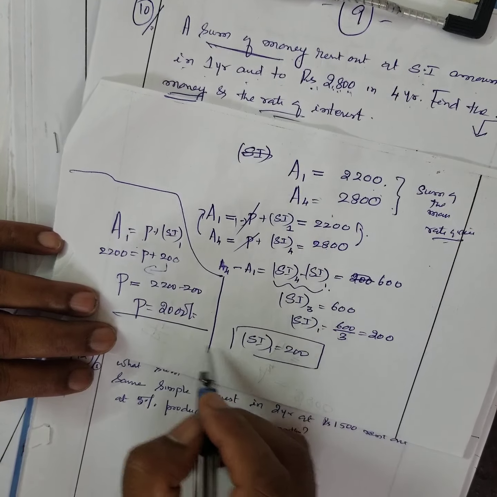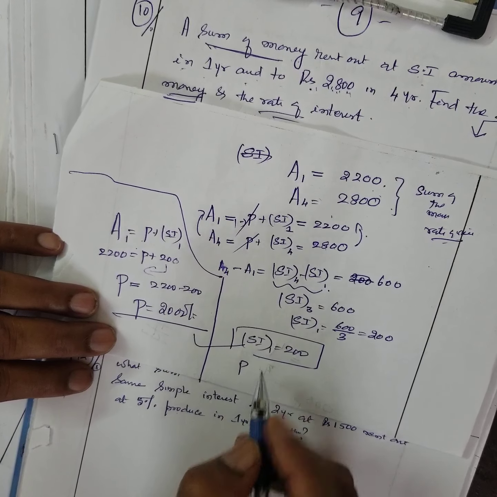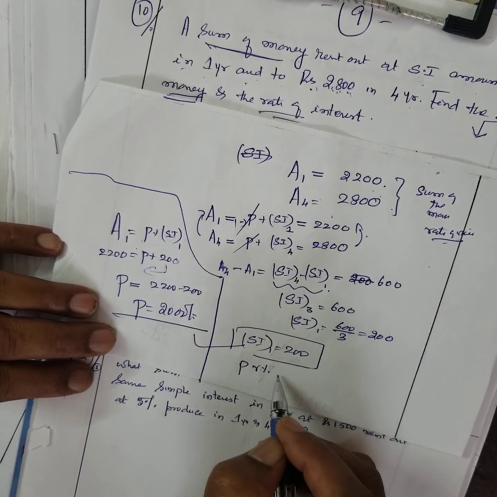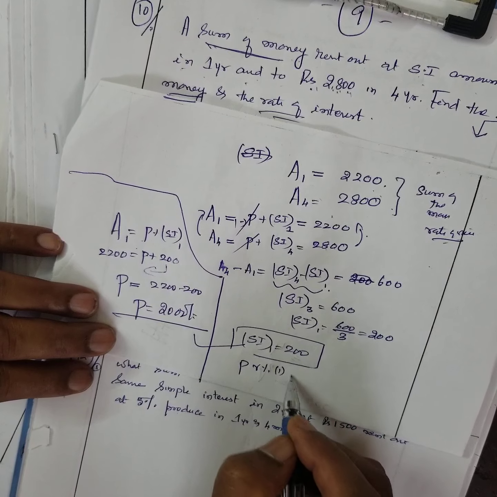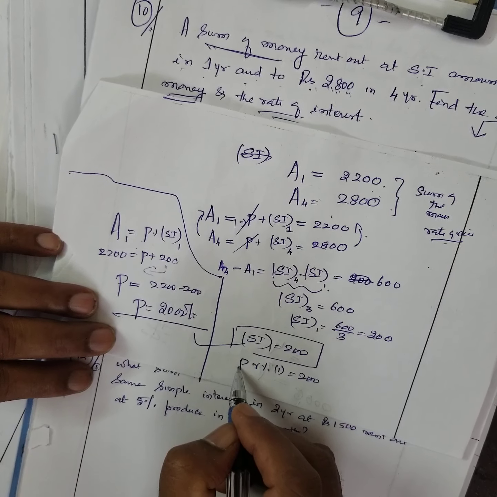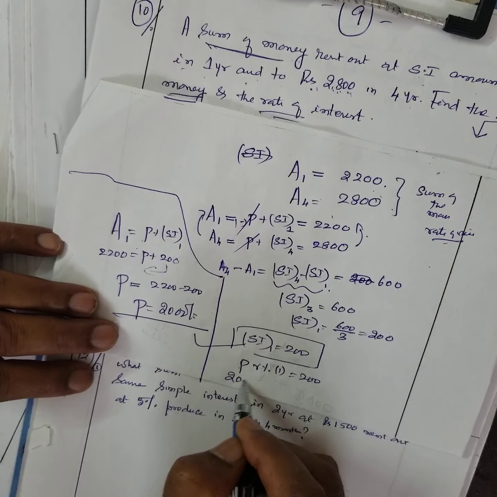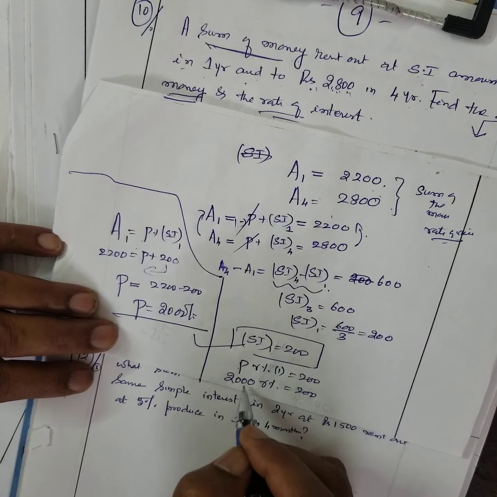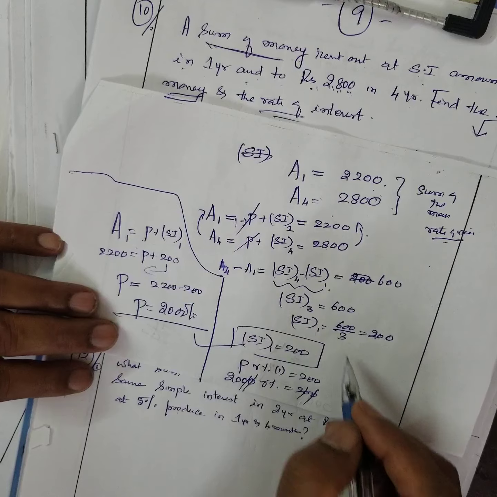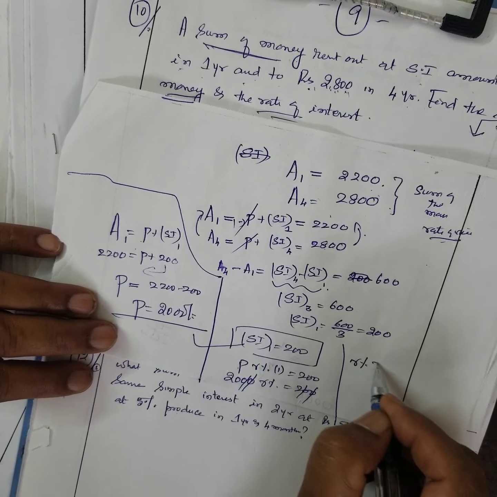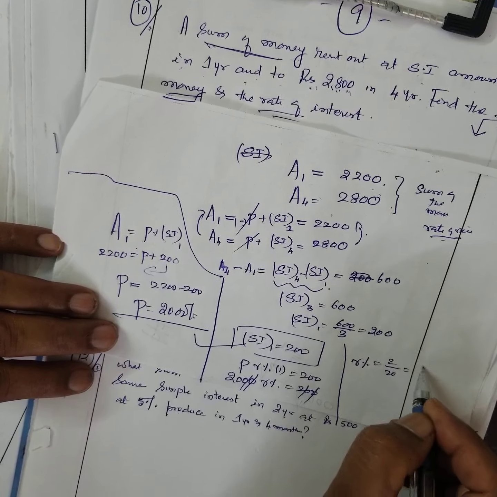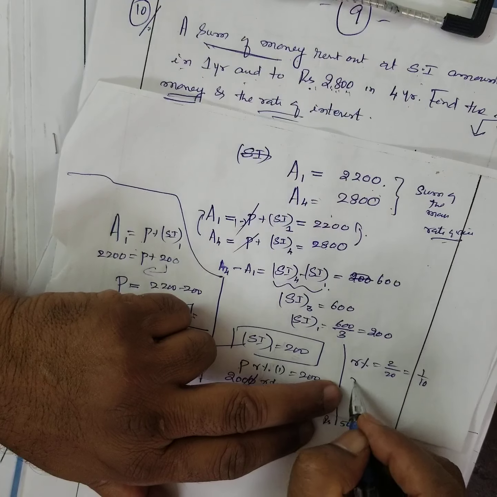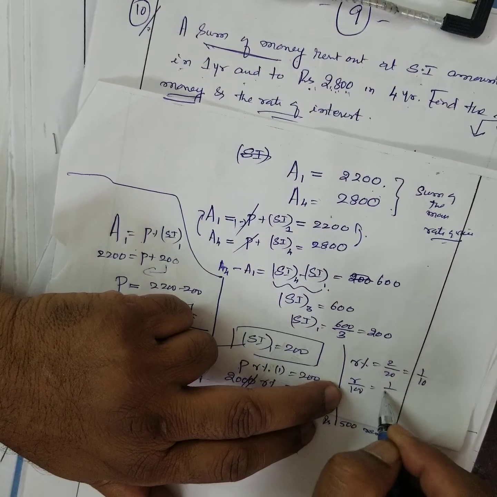Then again, simple interest for first year is equal to principal times rate of interest times number of years, which is 1, equal to 200. Here P you substitute 2000, R percent is equal to 200 by 2000. Here 20 get cancelled. Therefore, R percent is equal to 2 by 20 or 1 by 10, or R by 100 is 1 by 10.